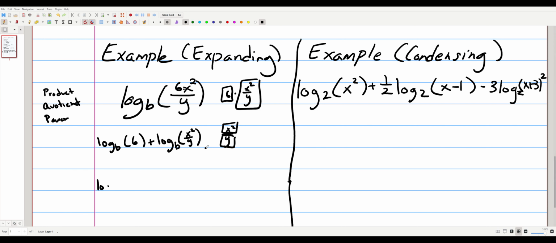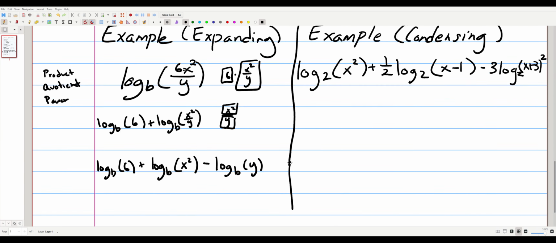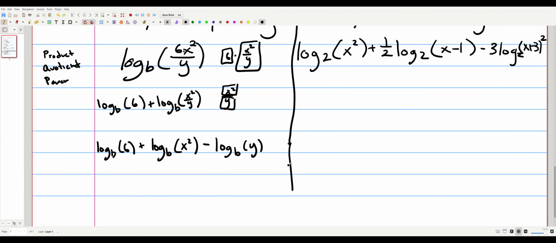So I'm just going to bring the first part down, log b of 6 plus, right? And because x squared is on top, this gets the plus log b of x squared. And the quotient rule tells us to put a subtraction on whatever is on the bottom. So log b of y.